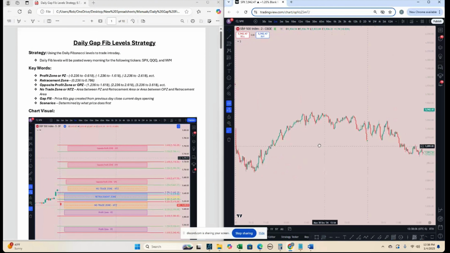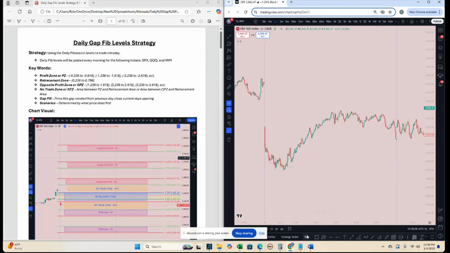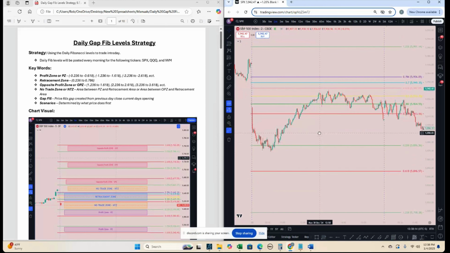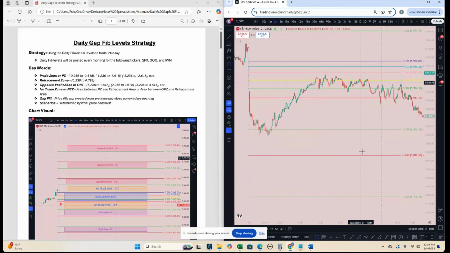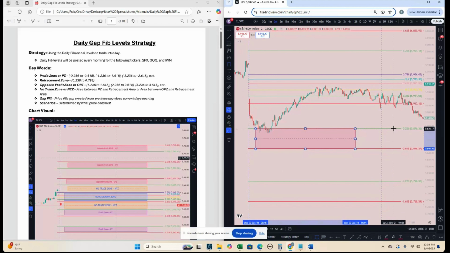So it's important to draw these correctly because it will be the difference between where PZ is at and where OPZ is at. Now PZ is called the profit zone, and the profit zone will be anything that's a negative coefficient and down. The first profit zone is negative 2.36 to negative 6.18.